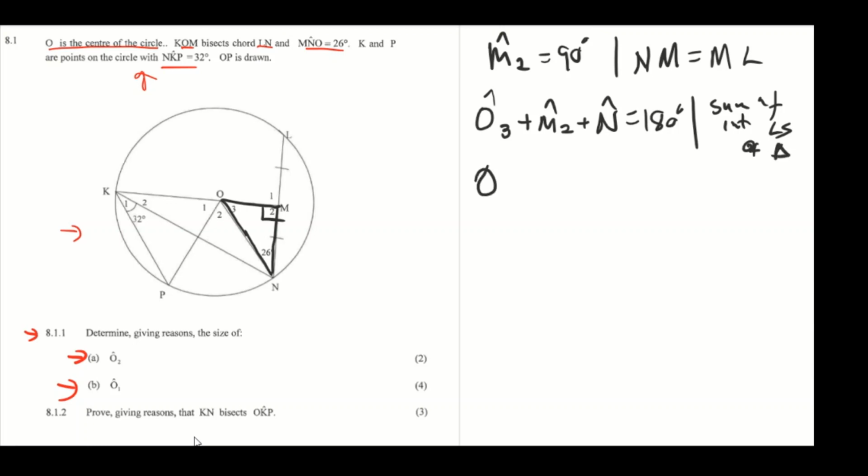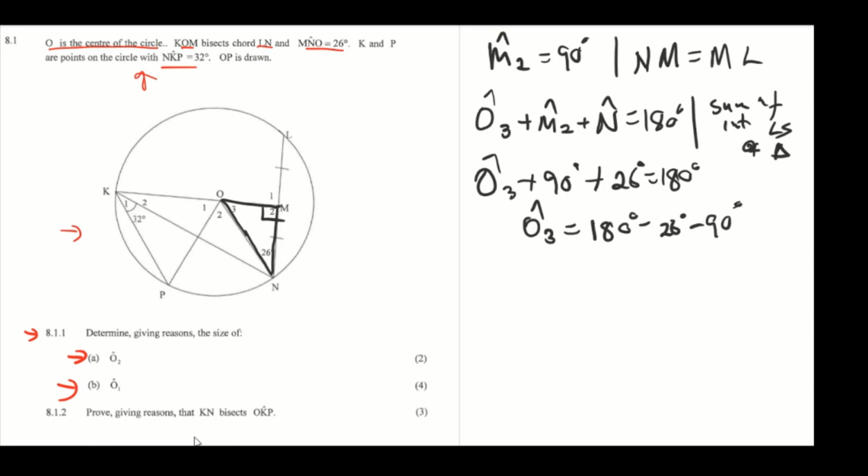So O3 plus M2, which is 90 degrees, plus N, which is 26 degrees, equals 180 degrees. Then you transpose all the other angles to the other side, and we have 180 degrees minus 26 degrees minus 90 degrees. Please punch this in your calculator, and I'm getting 64 degrees. So angle O3 is 64 degrees.